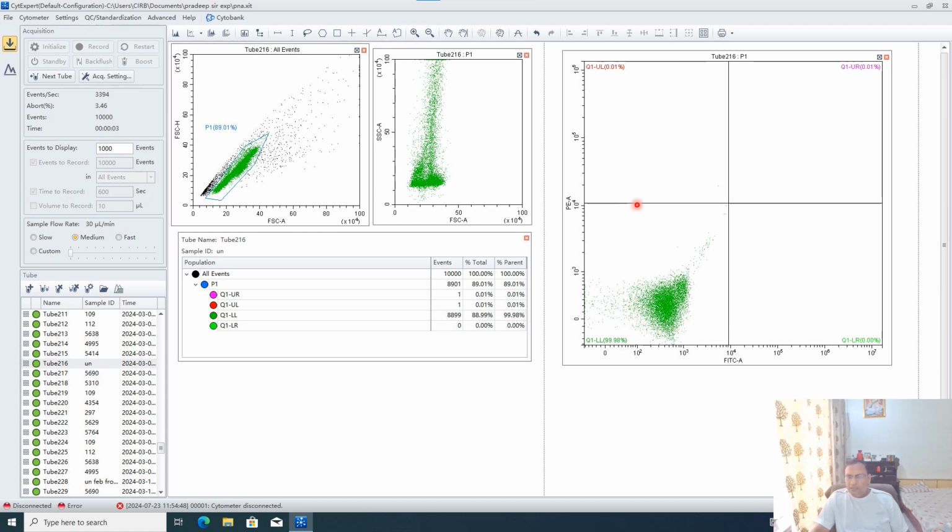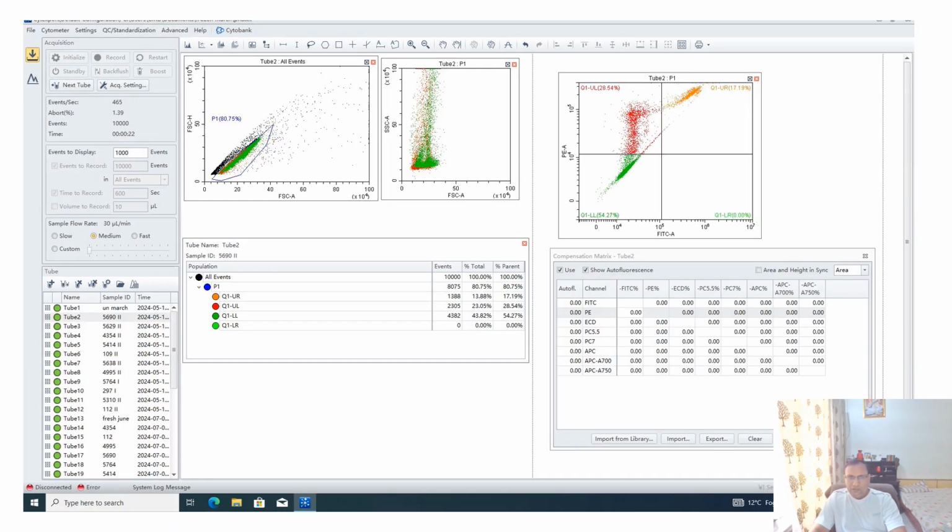For PI, meaning live or dead, this line indicates the borderline: below this the cells are live because they are PI negative, and above this line the sperm population falls PI positive, meaning dead cells.